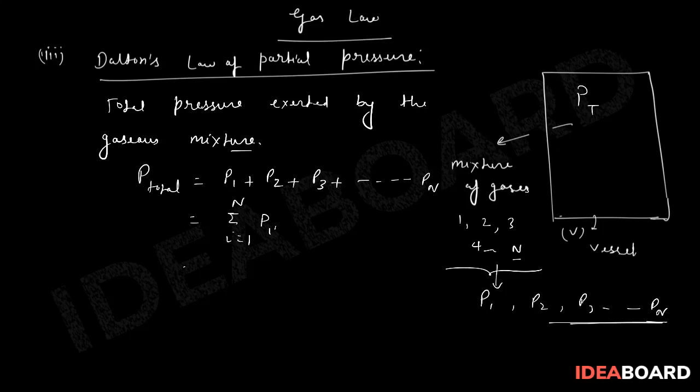Okay, now we can utilize PV is equal to nRT. So P can be written as nRT by V.